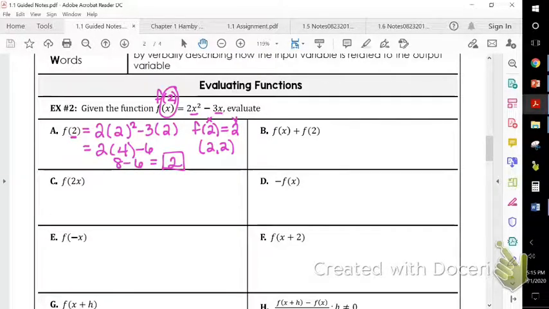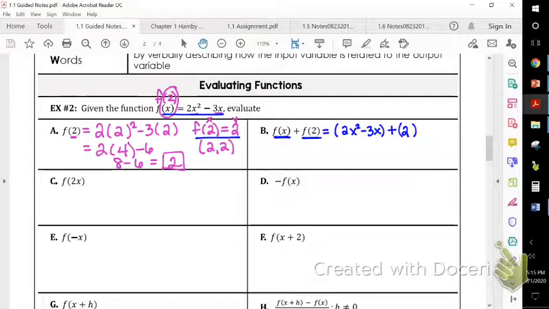So look at B. B says we're looking for f of x plus f of 2. Well, let's check. Do we know f of x? Yeah, that's what was given to us in the problem. Do we know f of 2? Well, yeah, we just found that in A. So we can add those together. We know f of x is 2x squared minus 3x. It says plus, and we know f of 2 is equal to 2.